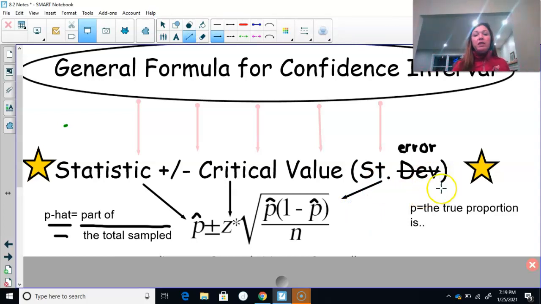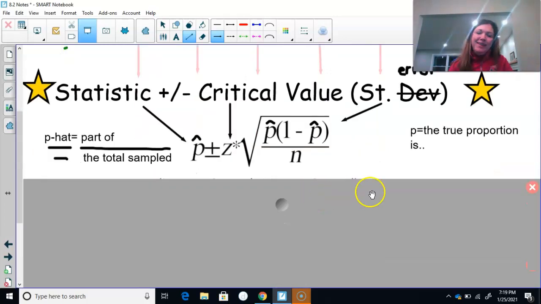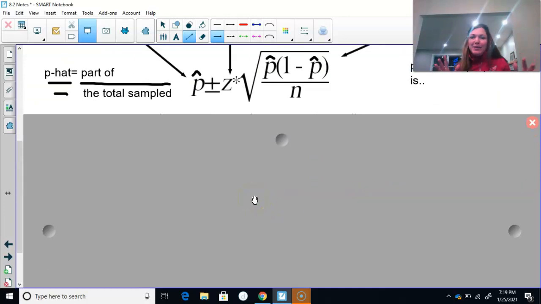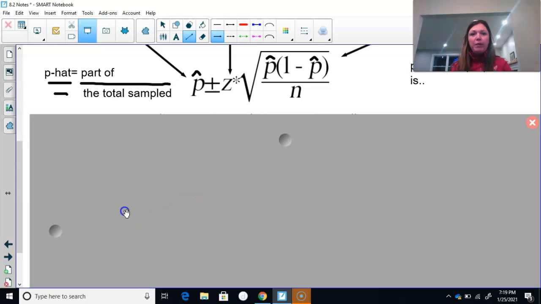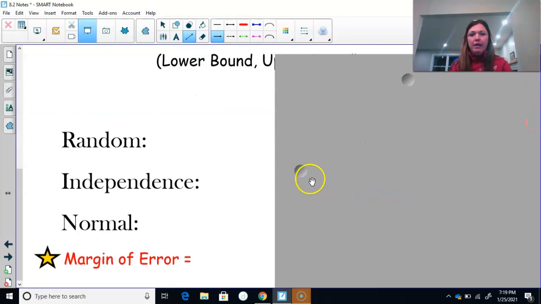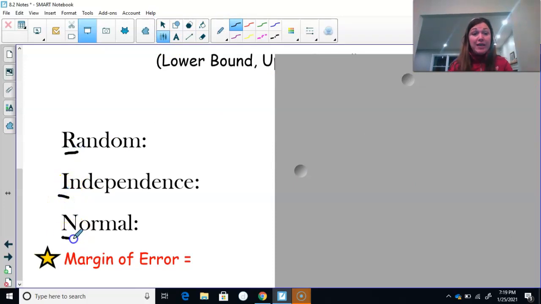Now, in order to use this formula right here, we have to have some conditions that are met. We're not going to go for a run, we're going to go for a RIN, okay? Here are three conditions that we need.